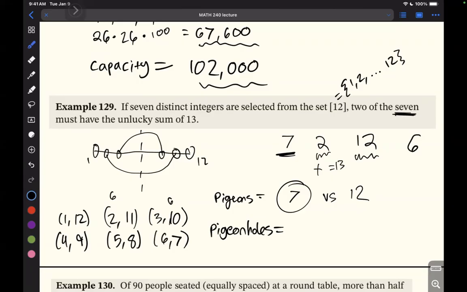And then if we go one more, it would be 7 and 6, 5 and 8. So it's just the same. Addition is commutative, so we don't care about the order of those.